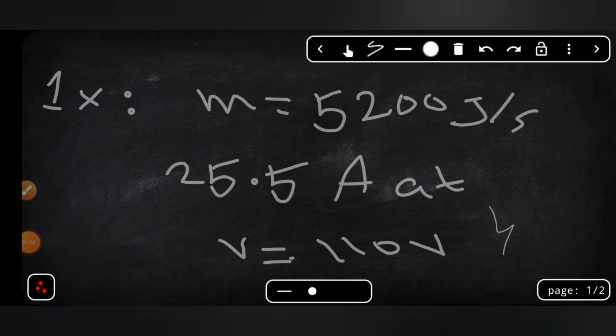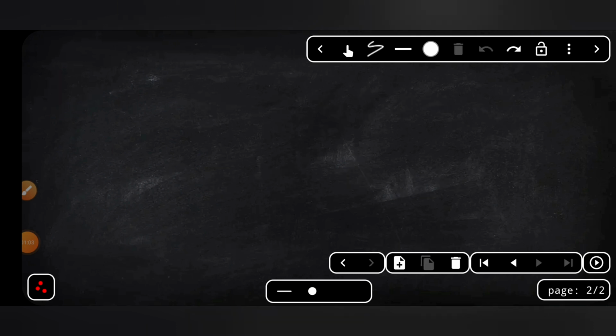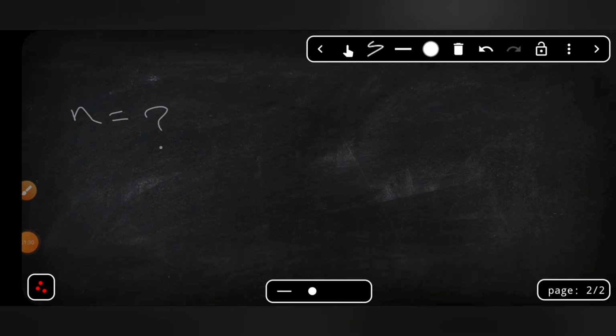Now let me go to our second page: we need to find the efficiency and how much power is lost. So PL, the power loss, is how much power is lost. Now that we have all the data and we know what we are required to find out, let's have our solution for the problem.